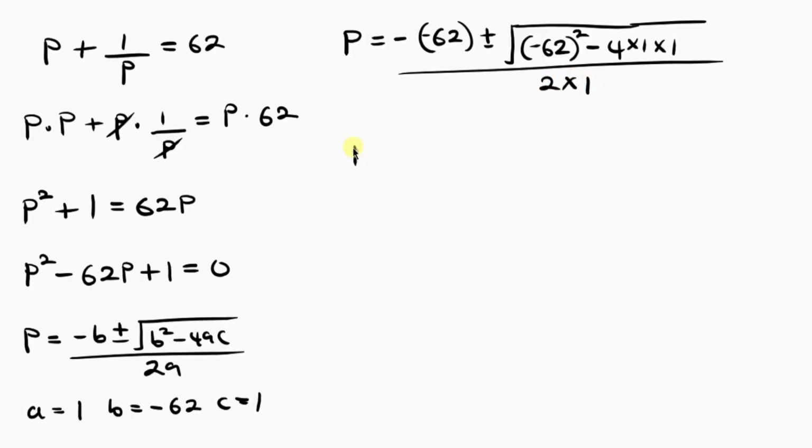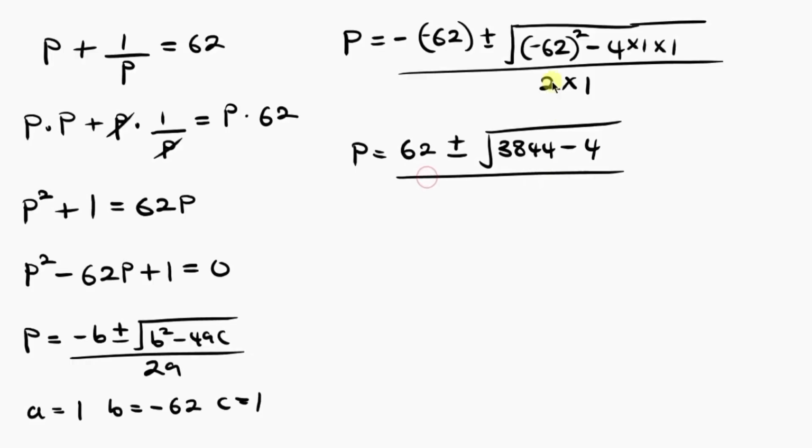So p now becomes negative times negative, guess what? Positive. Plus or minus the square root of negative 62 squared, which gives you 3844, minus 4 times 1 times 1, which gives you 4. Now divide that by 2, because 2 times 1 gives you what? 2.